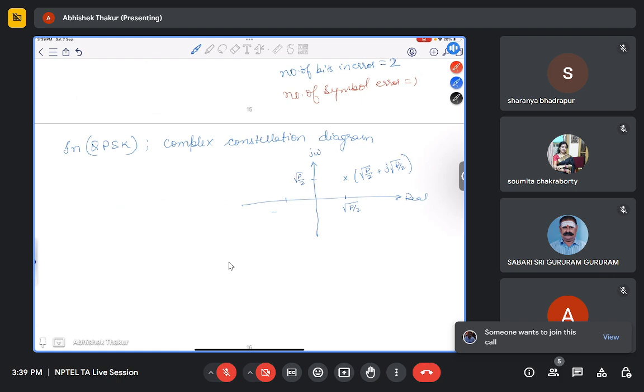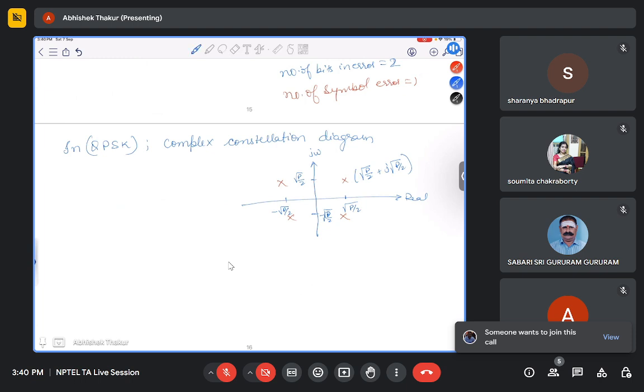And this is minus square root of P by 2, similarly here minus square root of P by 2. The second symbol will come here, the third symbol here and the fourth symbol here. I will represent the symbols with different colors: first symbol, second symbol, third symbol, fourth symbol.